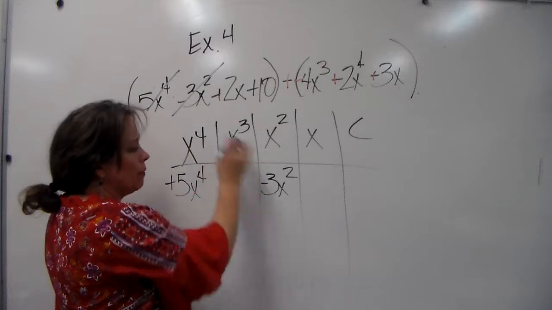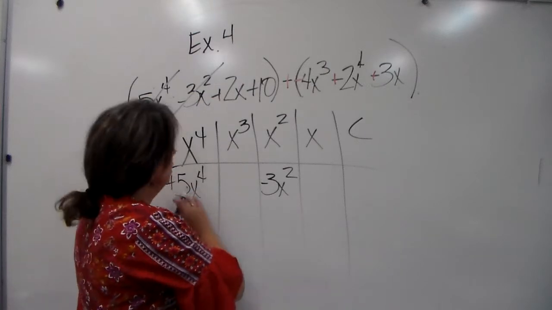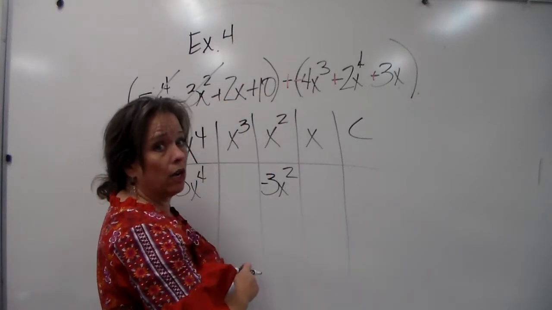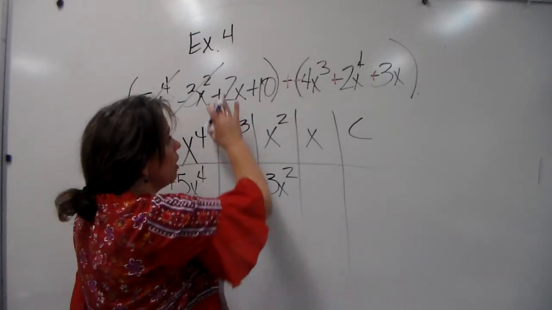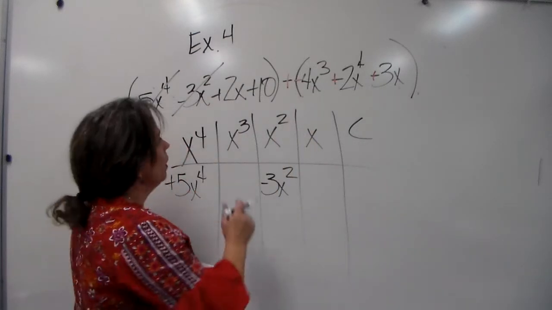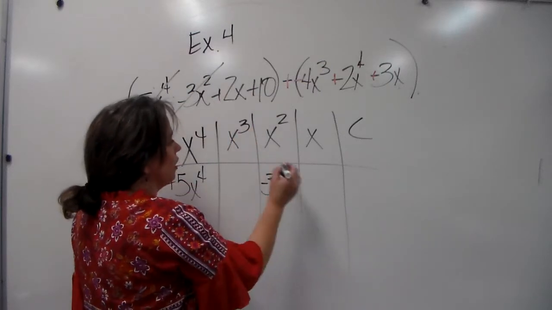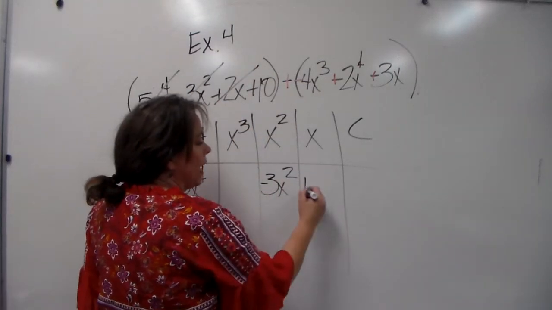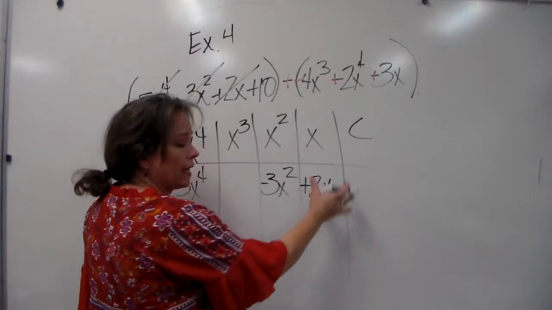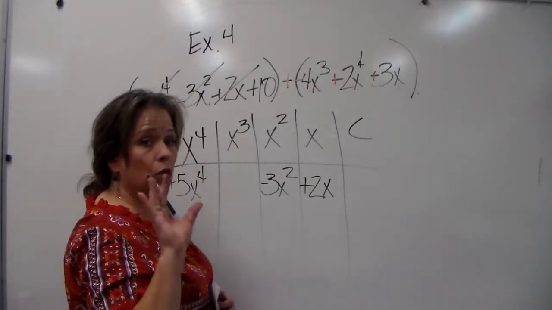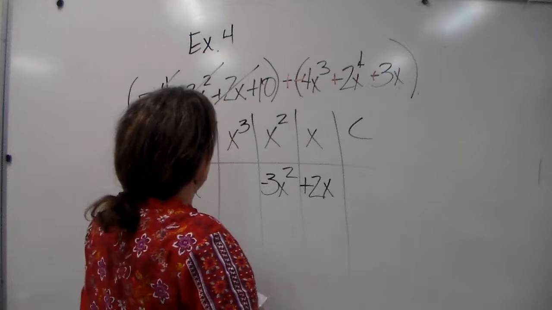Now, you'll notice I'm putting it in that x squared column, so be very careful that you're putting it in the correct column. They're not always in order, right? We're putting them in order for our answer, but you want to make sure that you're adding the correct term in the correct column. So you're sorting your terms or combining like terms correctly.